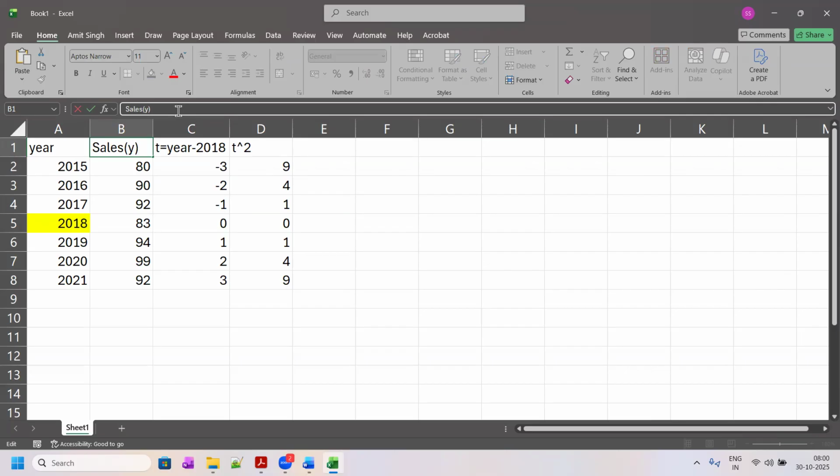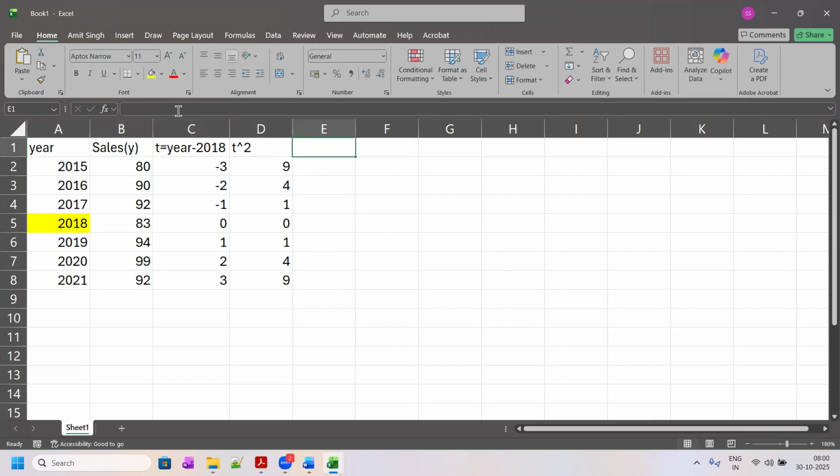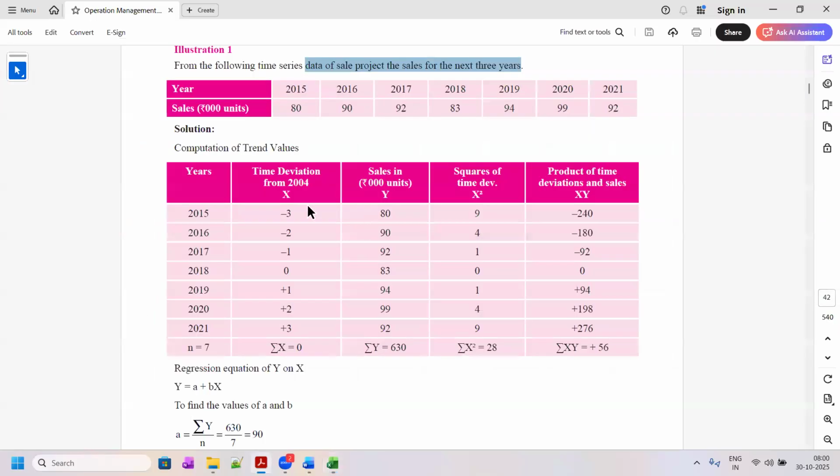Then I can find y into t: 80 into minus 3 would be minus 240, like this. Everyone, what is the sum of this? 56. And what is the sum of this? 630. So this is what is done here.